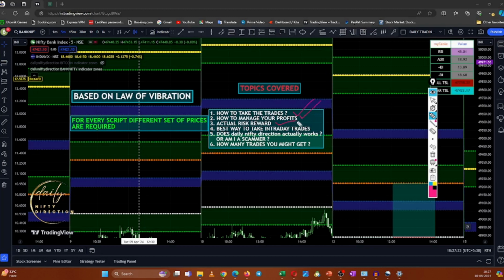I would be explaining here how to take trades, right? First. Second is how to manage your profits in intraday. Third, actual risk reward, not some fancy risk reward like many of you must have seen YouTubers try to post, like they have taken an SL of just 10 points and target 400 points. That is just bullshit.